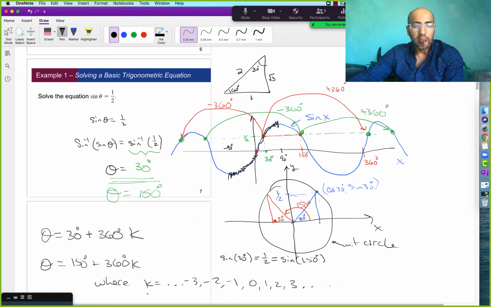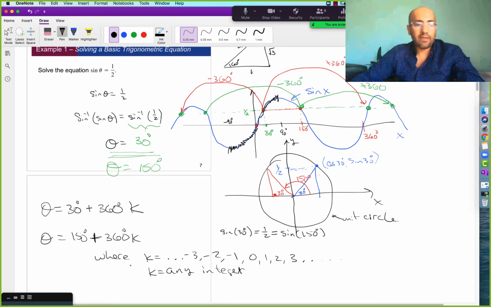It equals the integers. K equals any integer, including positive or negative, right? So that's why I only put a plus there, because k can be a positive or a negative.